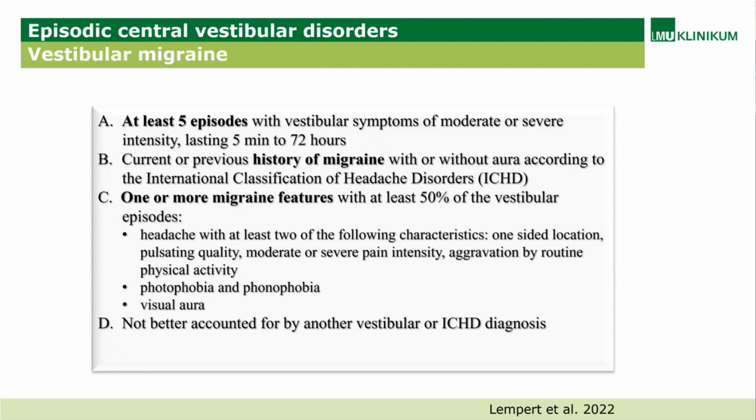On the one hand, that makes life easy because you can just by asking patients and doing certain tests make the diagnosis. For research, it makes life harder because you get into a certain heterogeneity and of course maybe a mix of different pathologies which result in a similar phenotype.